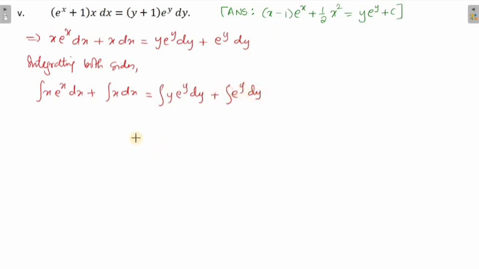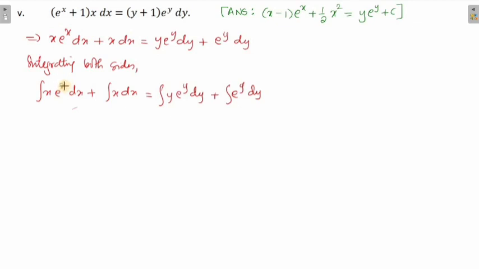Let's start integrating then. Both of these look similar, and we have to make use of integration by parts here. This x comes in the algebraic function and this e to the power x comes in the exponential function.